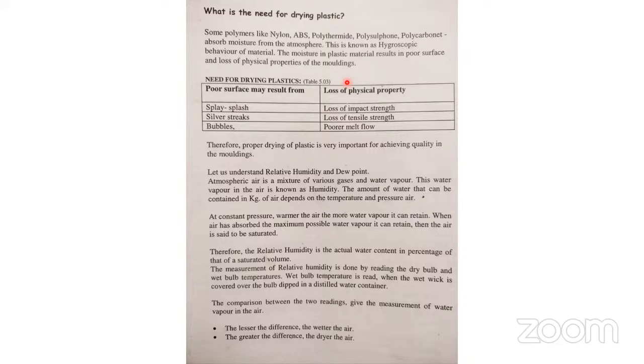Why? Because if you get a poor surface, what are the problems with the surface? Bubbles, silver marks, spillage. Why does this happen? Again, the loss of physical properties. Your tensile strength goes on decreasing, impact strength goes on decreasing, and there is poor melt flow. Due to poor melt flow, bubbles will be there. And therefore, we are drying the polymers.